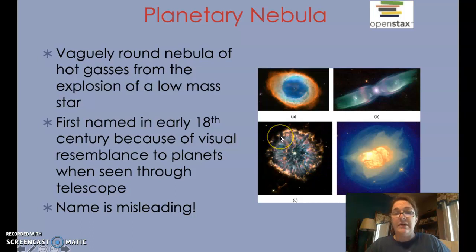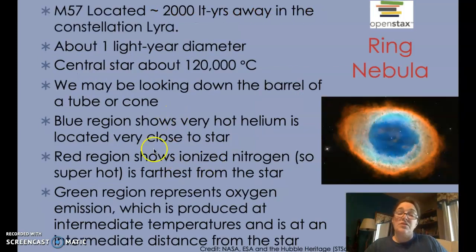And so the association with planets, and so misleading name. I'm sorry. Names are hard. Lots of people say math is hard. No, names are hard. So we're going to look at a couple of specific ring nebula. The Ring Nebula is probably the most famous nebula out there.